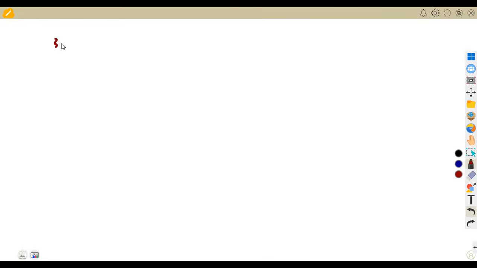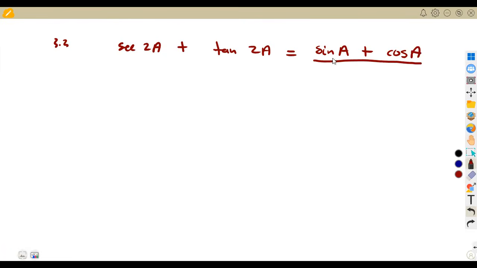On 3.3, we are asked to prove that sec 2a plus tan 2a must be equal to the sine of a plus the cosine of a, everything over the cosine of a minus the sine of a. It looks like we did this type of question during our revisions.